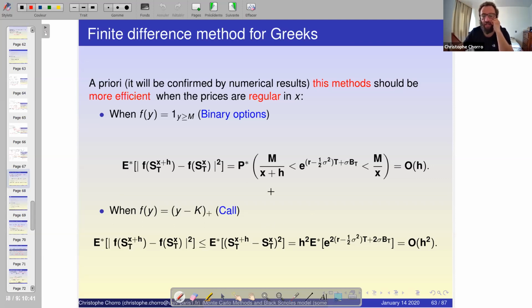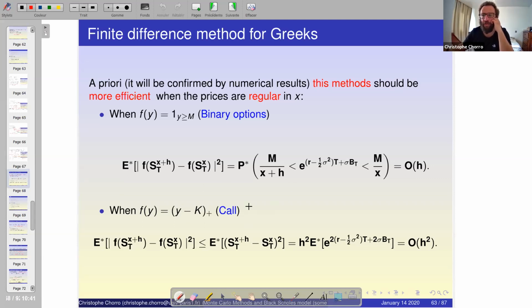You see that I will have something more regular for the call and less regular for the binary option, typically because in this case I have a jump, and in this case I have a continuous payoff. I will come back to this point later on.